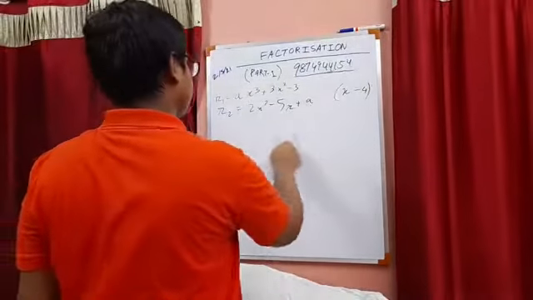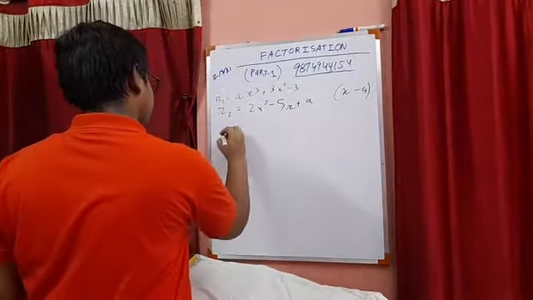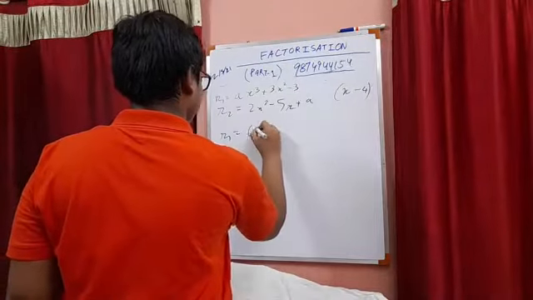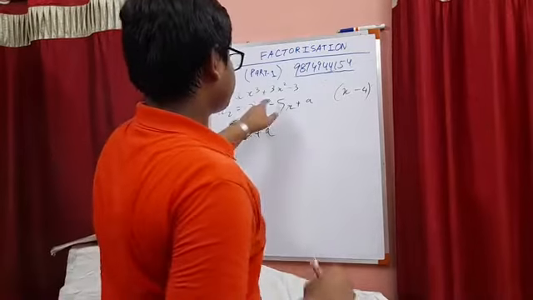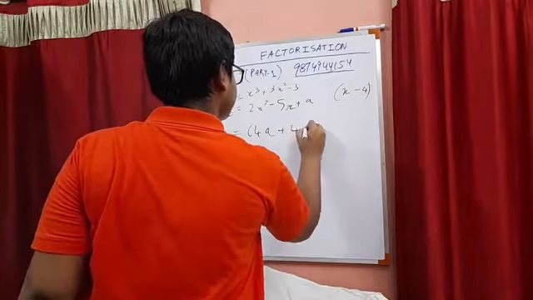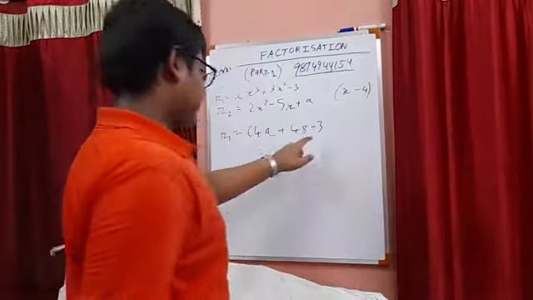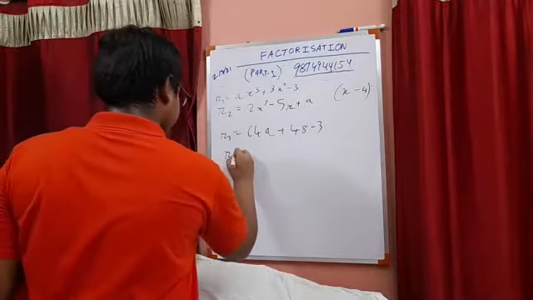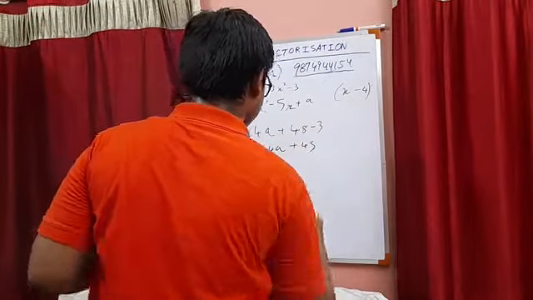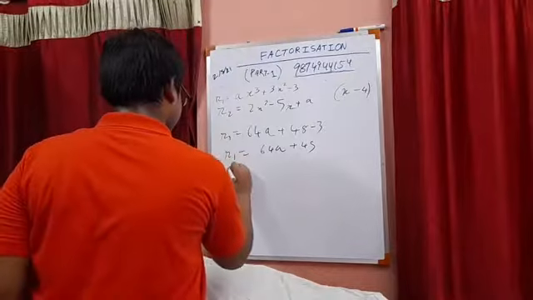Putting x is equal to 4 over here, therefore R1 is equal to 4 cubed, 64a plus 3x square, 16 into 3, 48, minus 3. Therefore R1 is equal to 64a plus 45. Now R2 we need to find out.